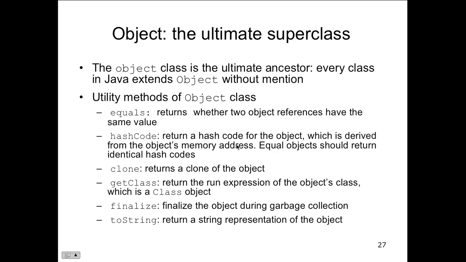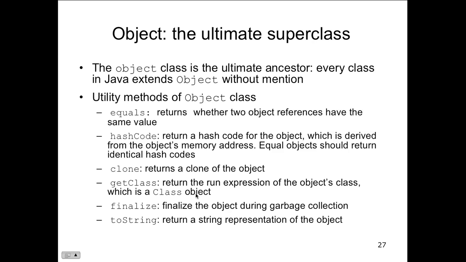Hashcode returns the hashcode of the object, which is derived from the object's memory. Never have a need for that. Equal objects should return identical hashcodes. Clone returns a clone of the object. Oh, we can start cloning objects now. In real life object orientation, we have all these instances of objects, which are unique instances. You can clone an instance.